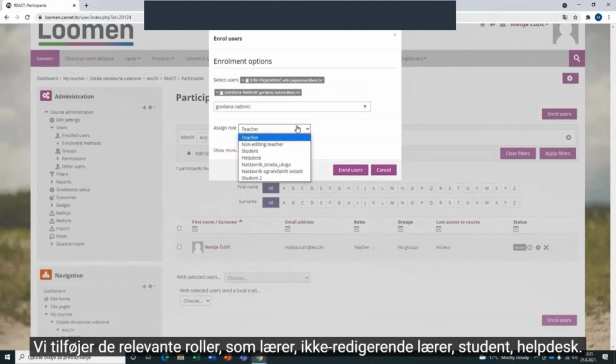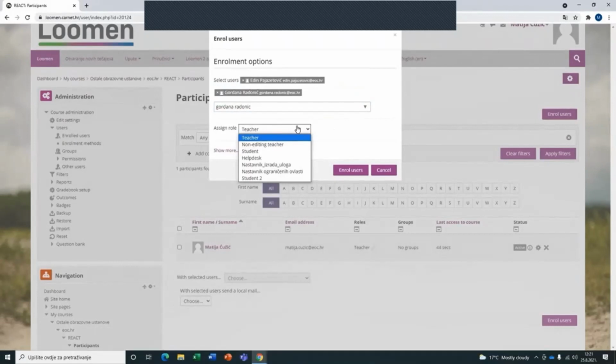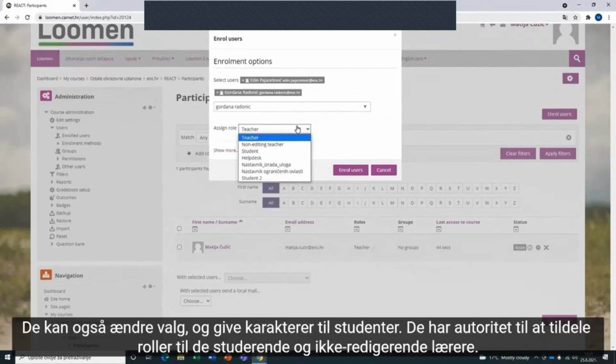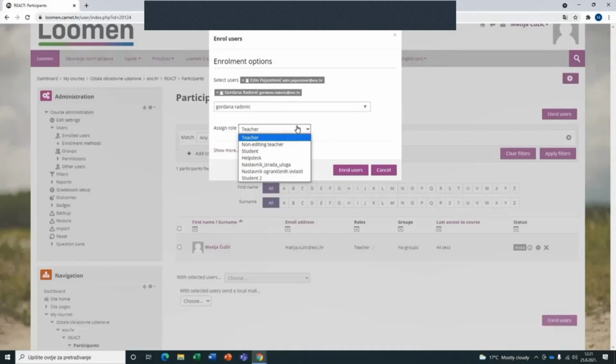We should assign the appropriate roles like teacher, non-editing teacher, student, helpdesk. Teachers have full access to the course. They can add resources and activities. Also, they can change options and grade students. They have authority to assign the roles of students and non-editing teachers.